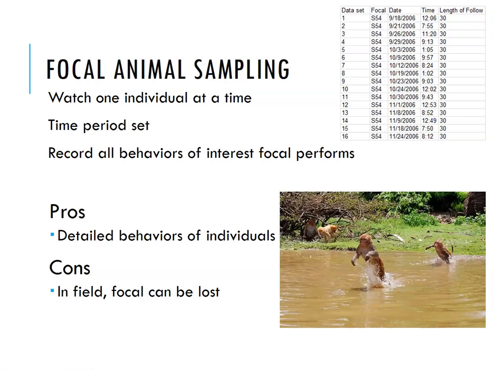So the following columns after this would be all of her behaviors that are occurring over these 16 different sample periods that happened over a few months' time. So we're getting detailed behaviors of individuals, which is great.